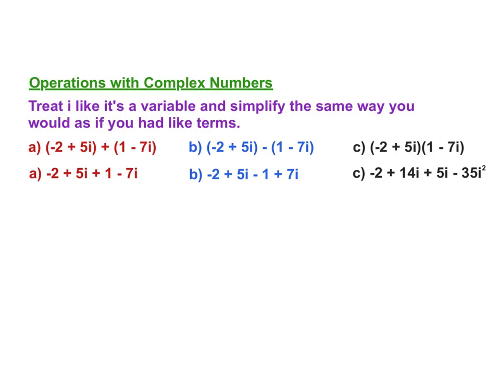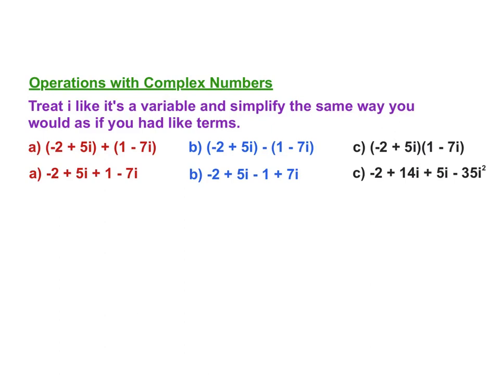So notice here in part A, all I did was drop the parentheses. For part B, I basically switched the signs of everything inside. So this goes to -1 plus 7i, and then out here I FOILed. How many had step 2 right in all 3 of them? Okay, good.